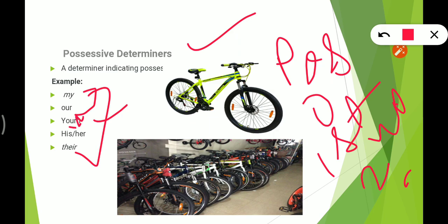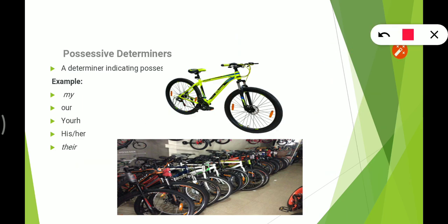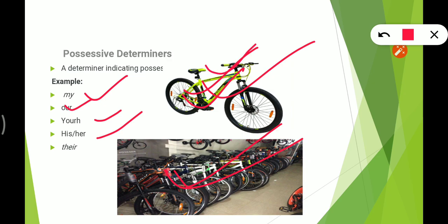Your, this is second person, and his, her and their, third person. My for singular, my bicycle, our bicycles, your bicycle, your bicycles, his bicycle, her bicycle and their bicycles, right? I hope clear.